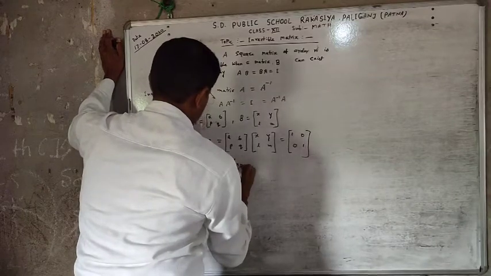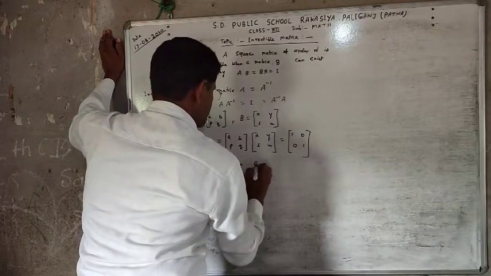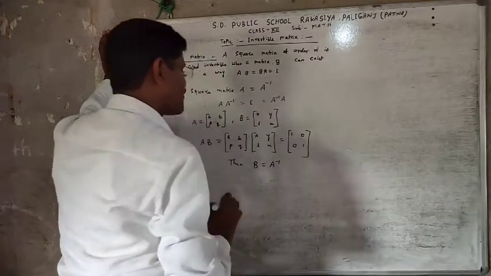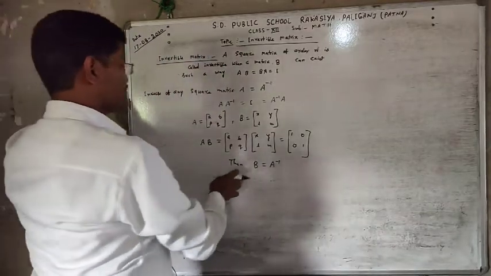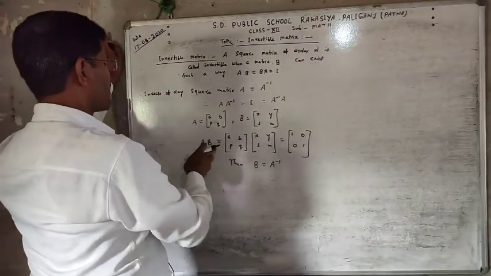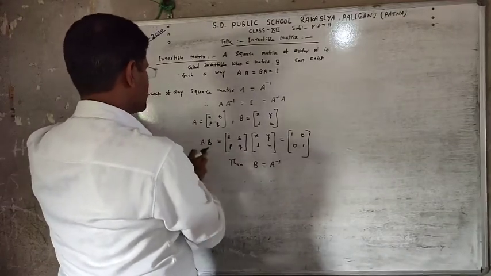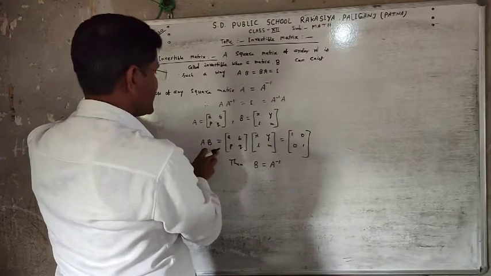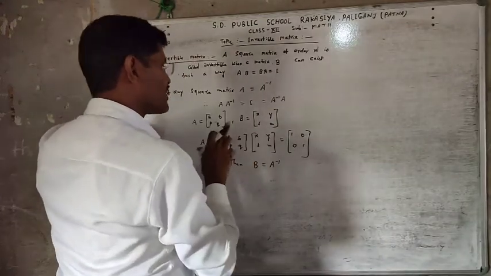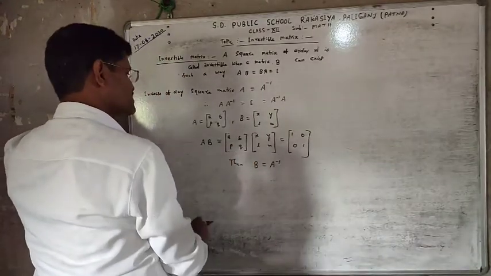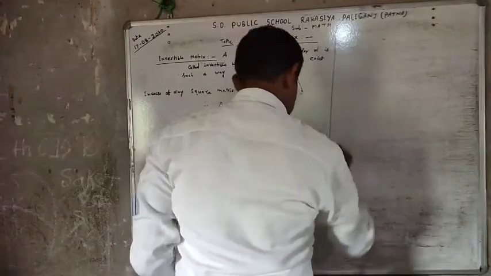Then B is equal to the inverse of A. That is, B is a square matrix of the same order as matrix A such that the product of A and B is equal to 1 0 and 0 1. Hence B will be the inverse of matrix A.